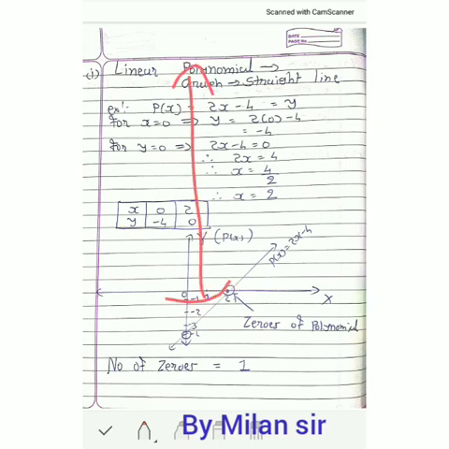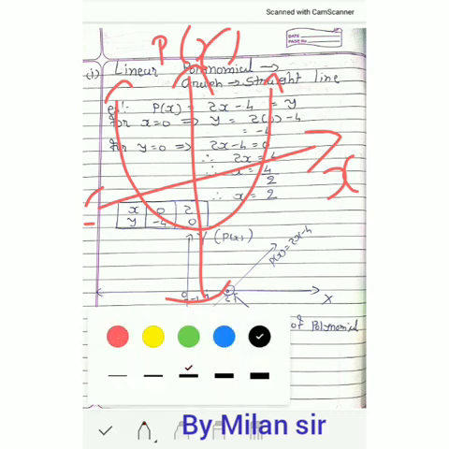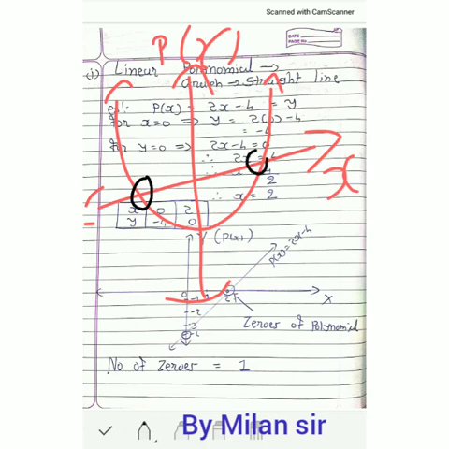Again I'm drawing the x and y axis. Okay, now in place of this straight line, I am using this graph. Again, this is your p of x, this is your x. So at which point is your p of x 0? P of x is 0 on the x axis, and your graph touches the x axis at this point and this point.